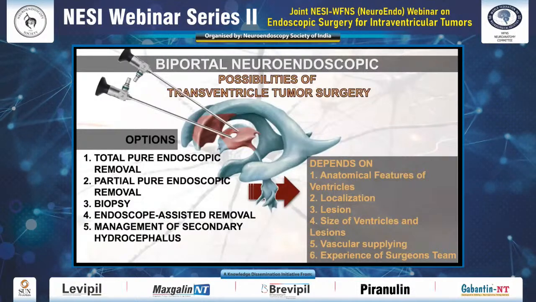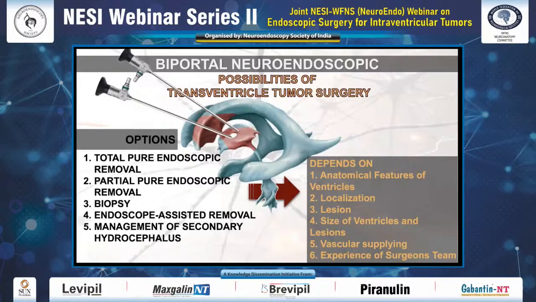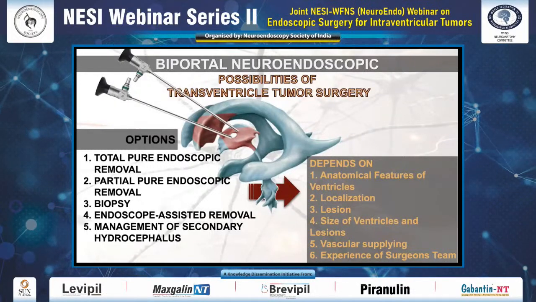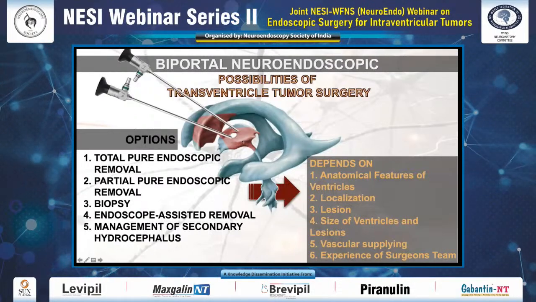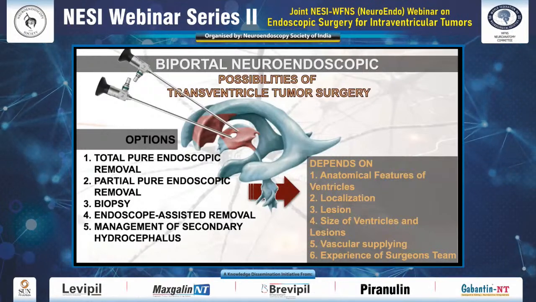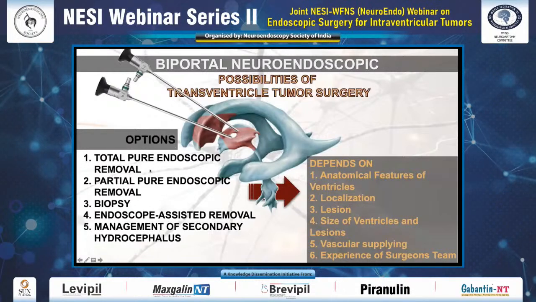Another classification is for neuroendoscopic surgery of ventricular tumors, the options. What options are possible in this kind of surgery? First and main option for really minimally invasive neurosurgery is total pure endoscopic removal. It's possible.